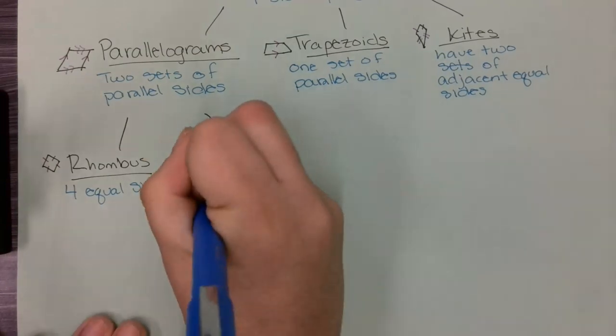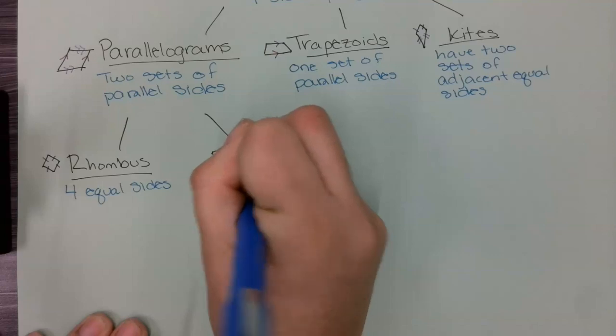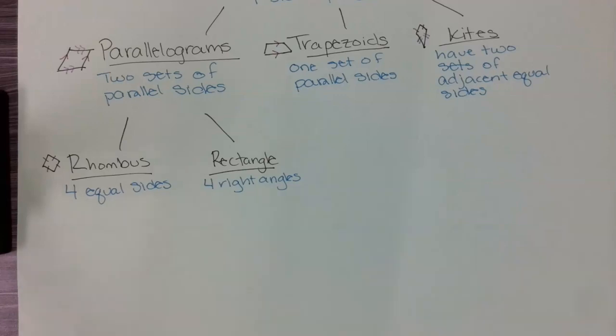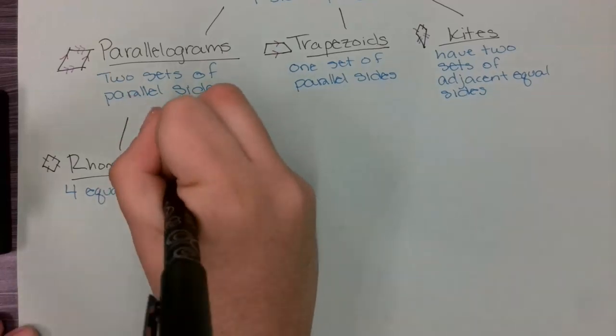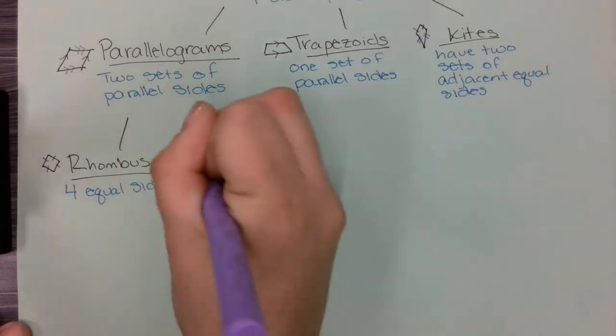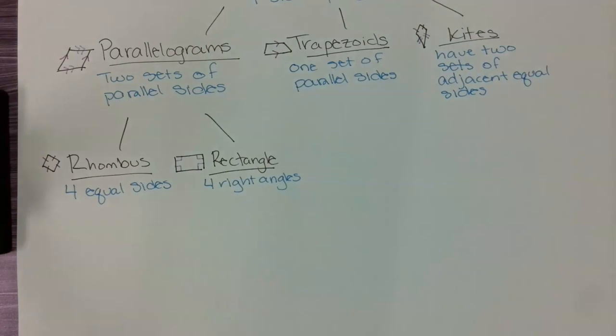And rectangles have 4 right angles. Okay, and then there's one shape that's both a rhombus and a rectangle.